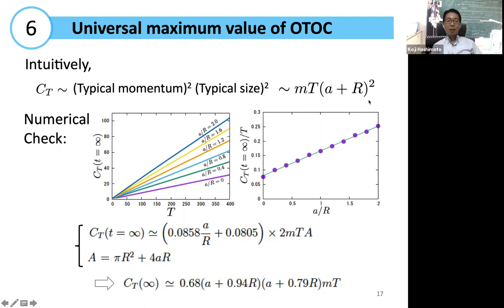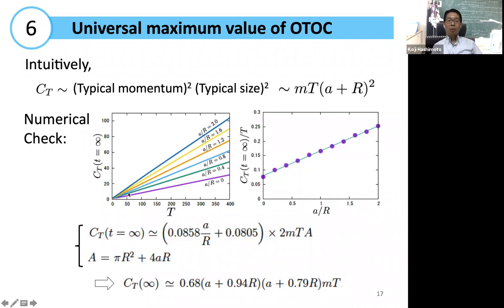And in fact, we can numerically check this. So in this plot, the horizontal axis is the temperature, and the vertical axis is the thermal ODOC value at t equal to infinity, numerically extracted. And different colors mean different values of A over R. And now, this looks like a really nice linear plot.